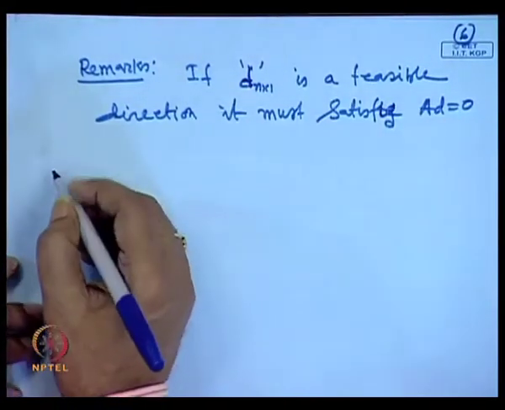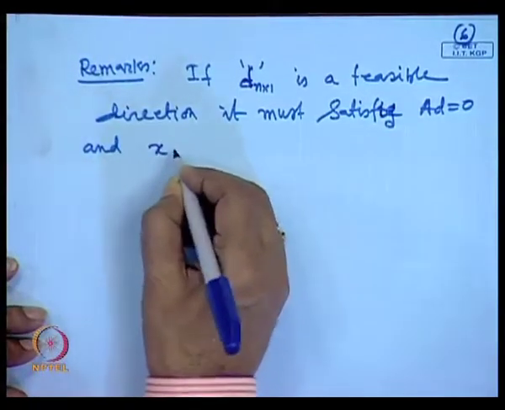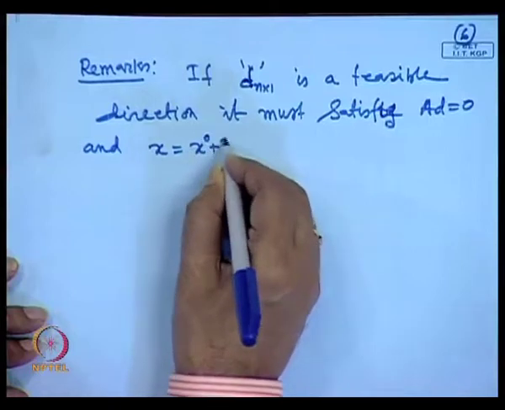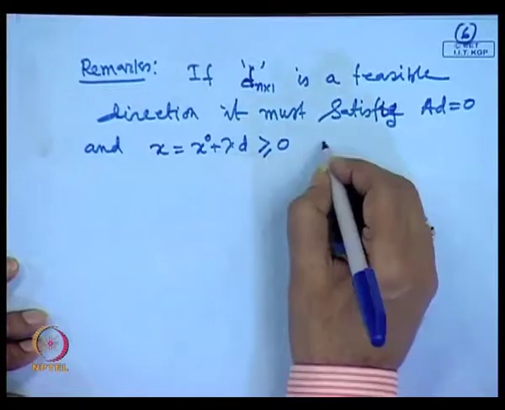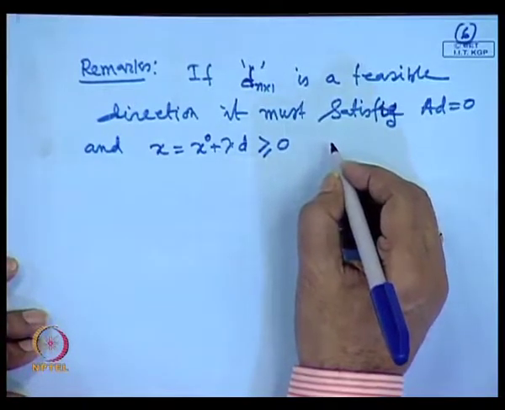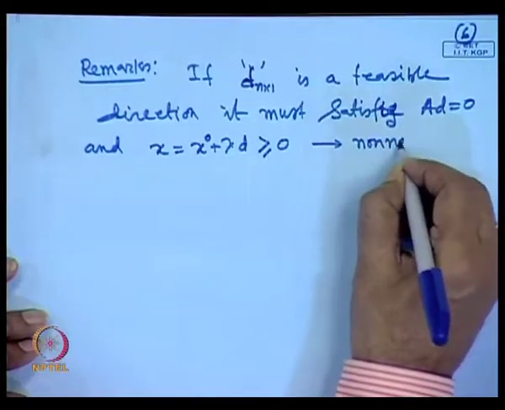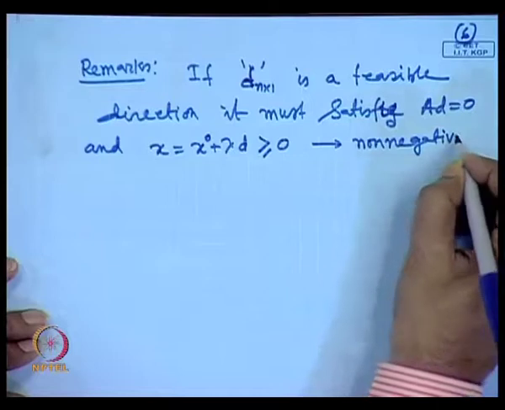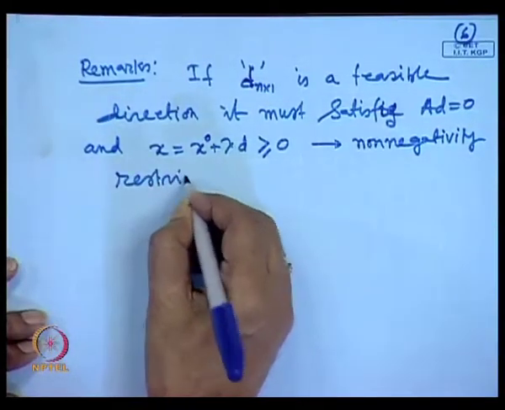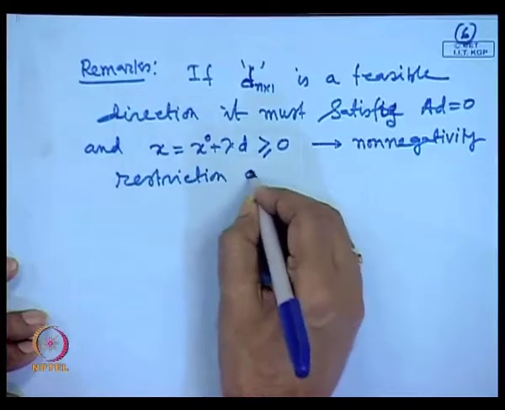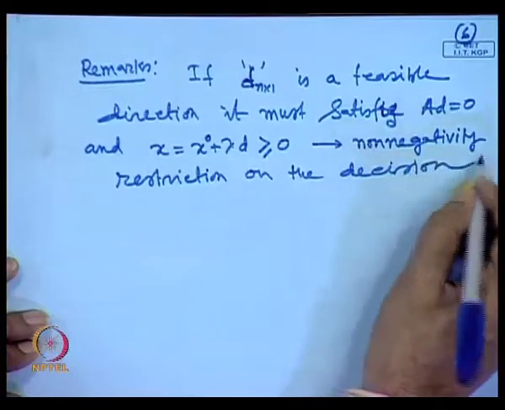Not only this, the x which is equal to x 0 plus lambda d must be greater than or equal to 0 to satisfy the non-negativity restrictions on the decision variables.